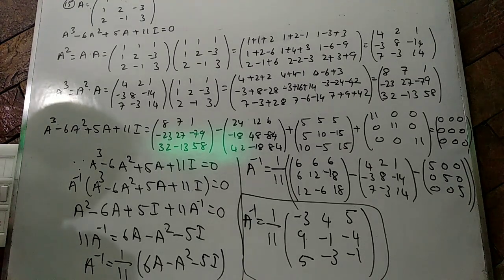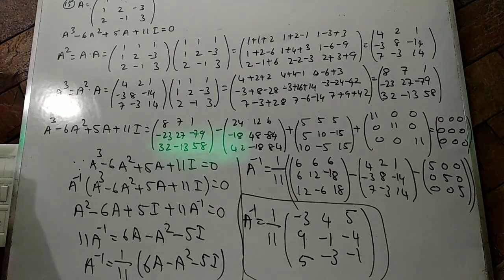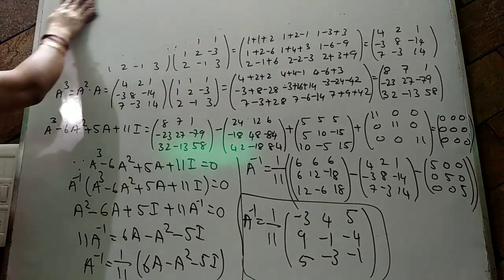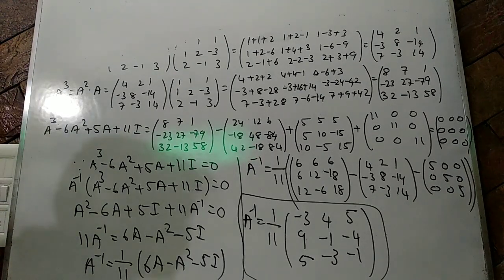But have you written this one? Write fast, beta. Write fast. So what I told you, question number 16, you are finding A inverse as well as A power 5, both.